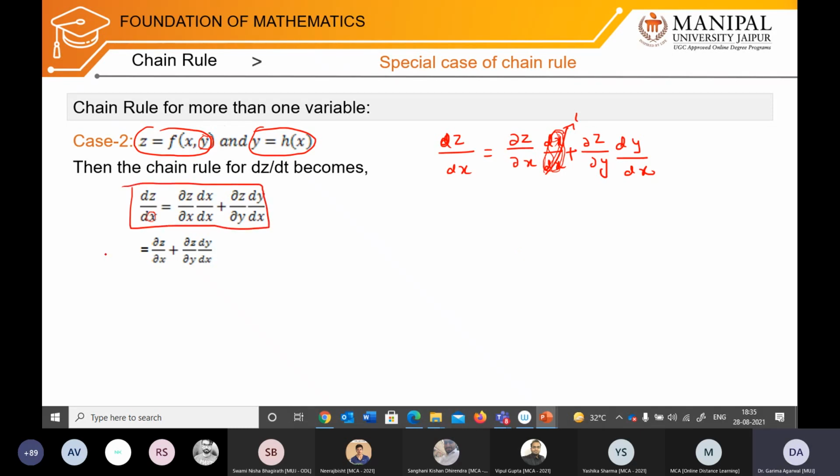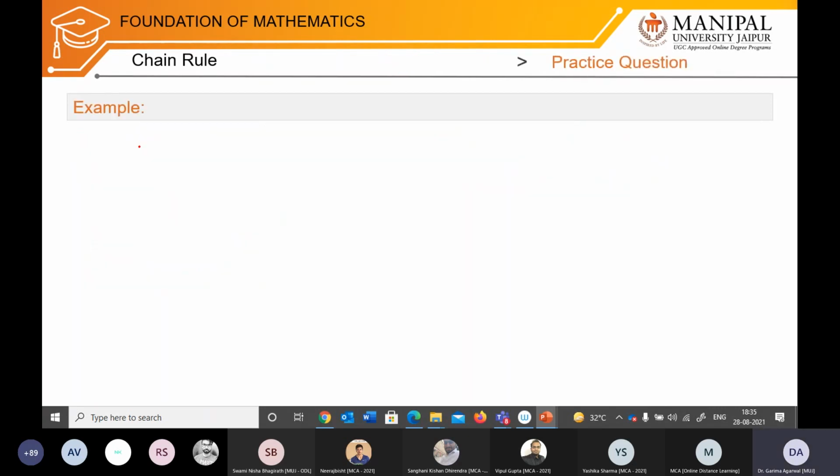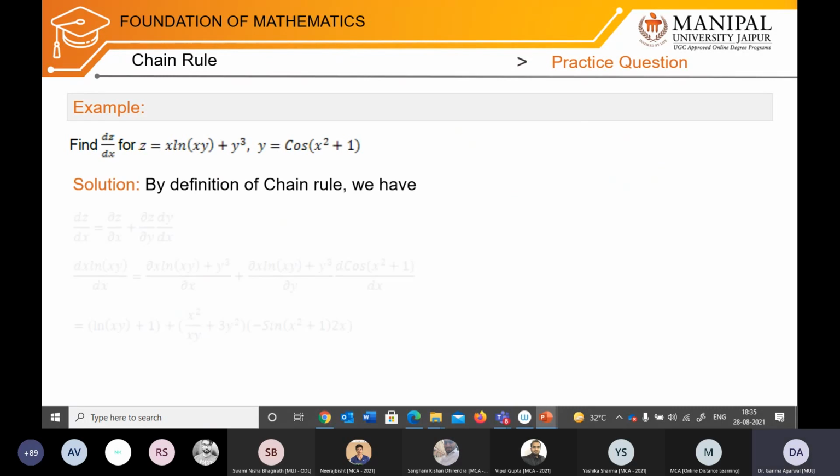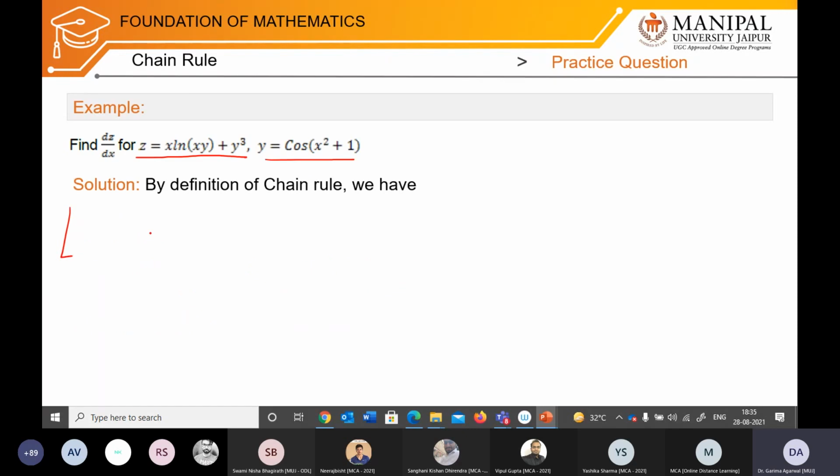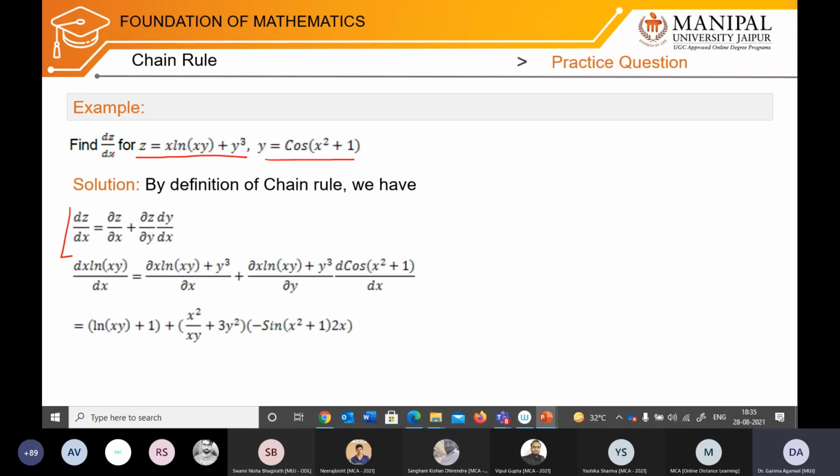By substituting all the values, we can find the derivative of the function. Here z is x ln xy plus y cube, y is cos x square plus 1, and we need to find the derivative by using this chain rule, right?